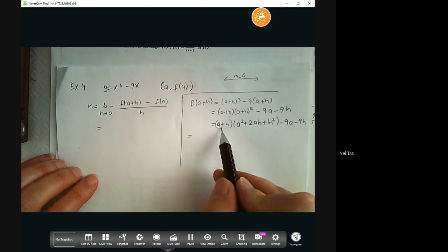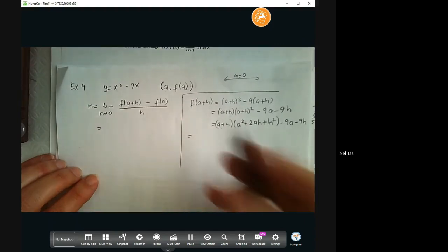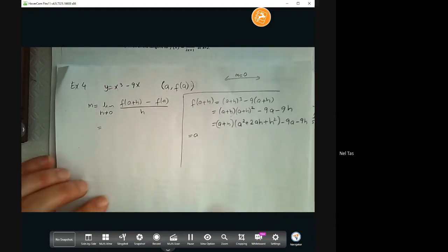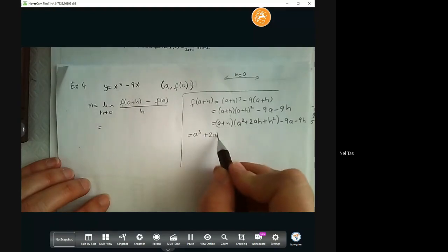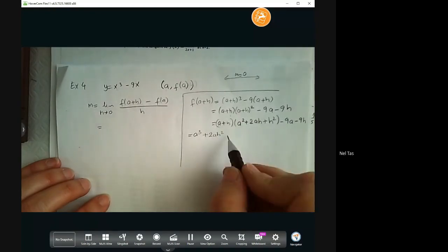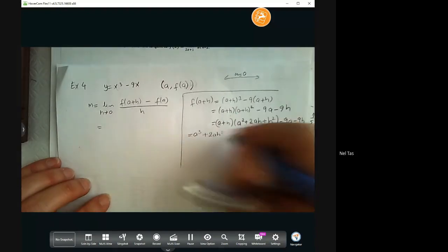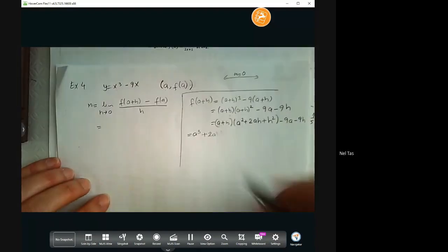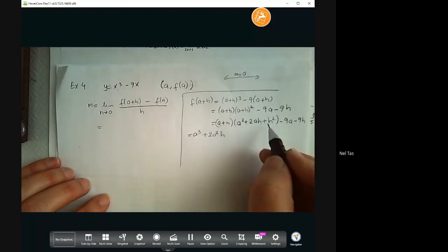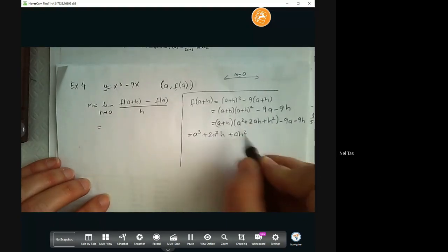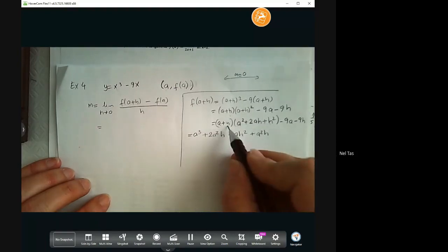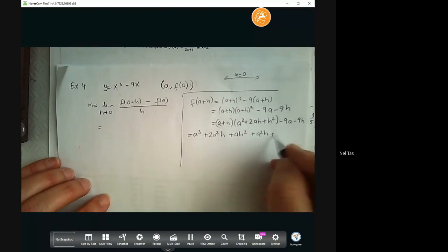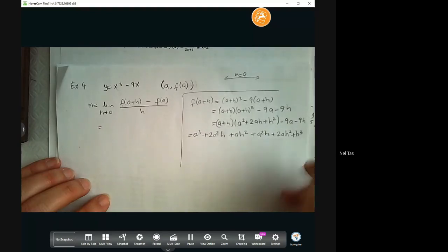Okay, now expand it further. a times a squared gives you a cubed. a times 2ah gives 2a squared h. a times h squared is ah squared. h times a squared is a squared h, h times 2ah is 2ah squared, plus h cubed.